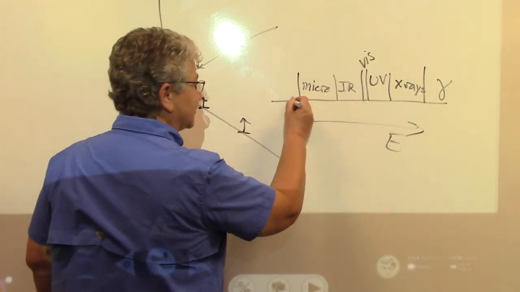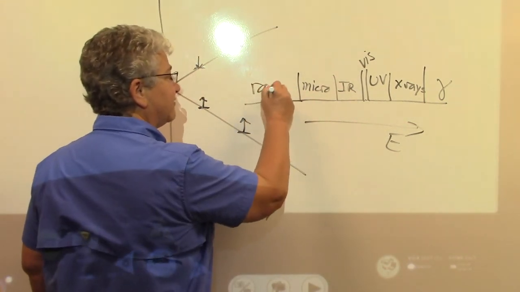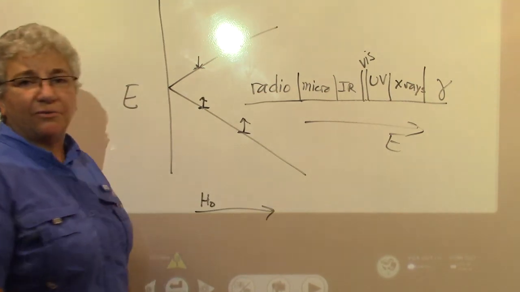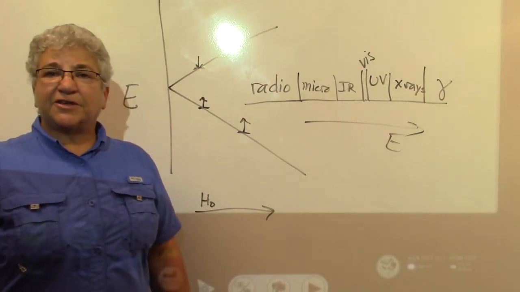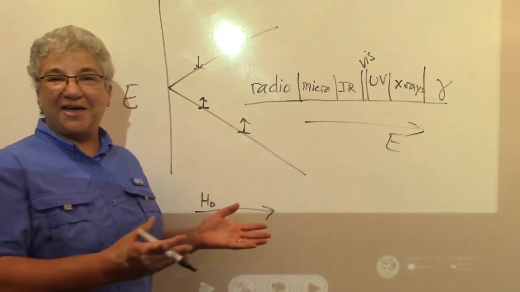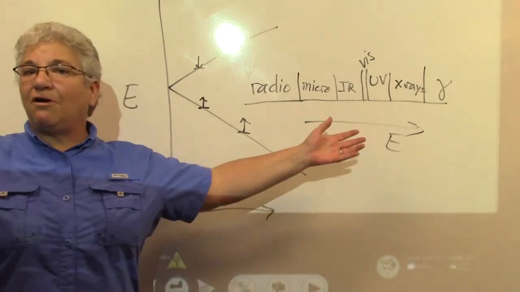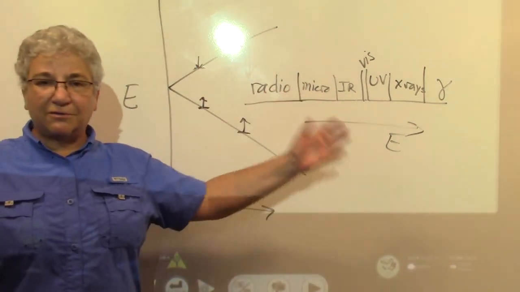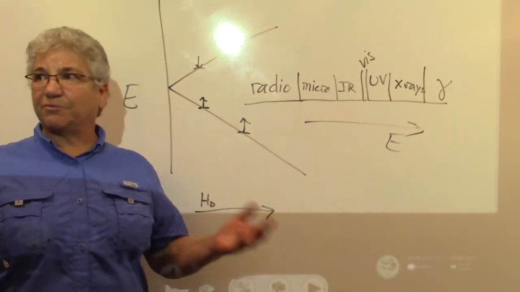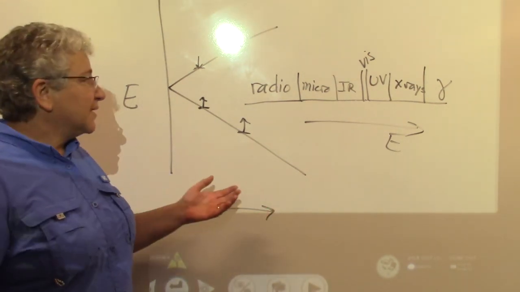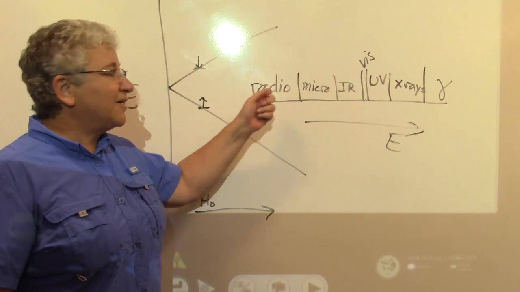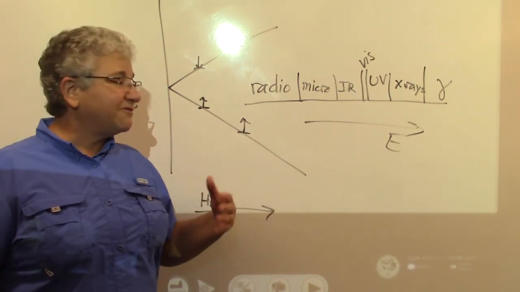And then the lowest energy radiation we have are radio waves. When you turn on the radio in your car, it's the radio waves. They are long, slow waves. And of course, we're being bombarded with them all the time. But radio waves are very low energy.